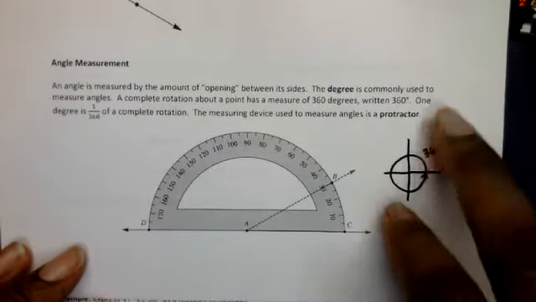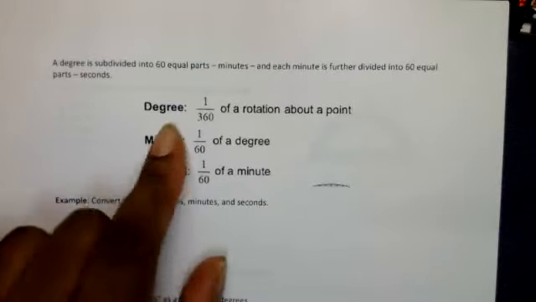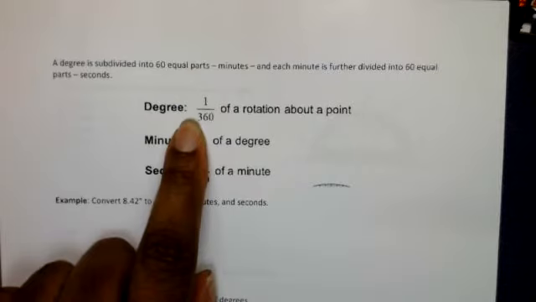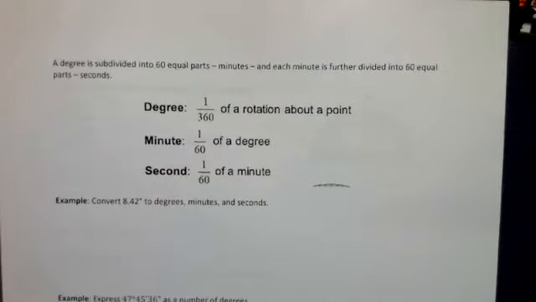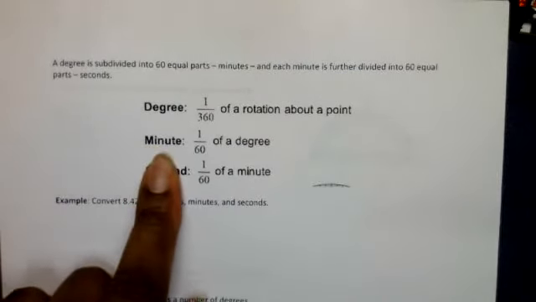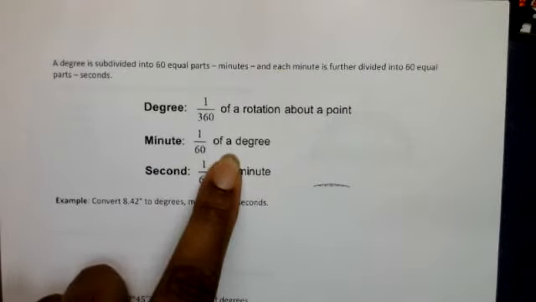On the next page, a degree is subdivided into 60 equal parts or minutes, and each minute is further divided into 60 equal parts or seconds. So here, 1 degree is equivalent to 1/360th of a rotation about a point. And 1 minute is 1/60th of a degree.